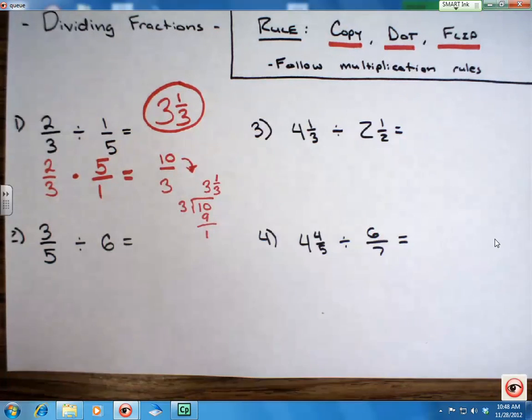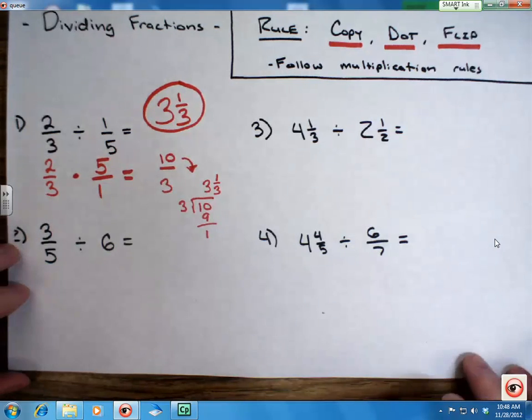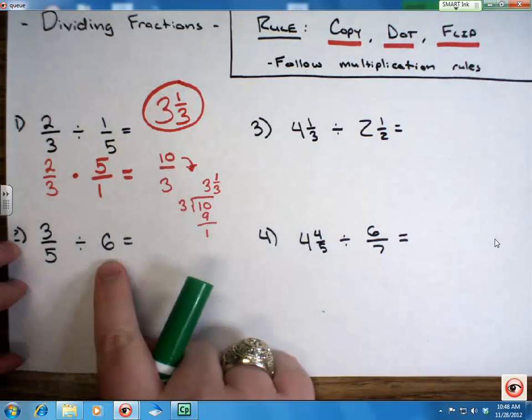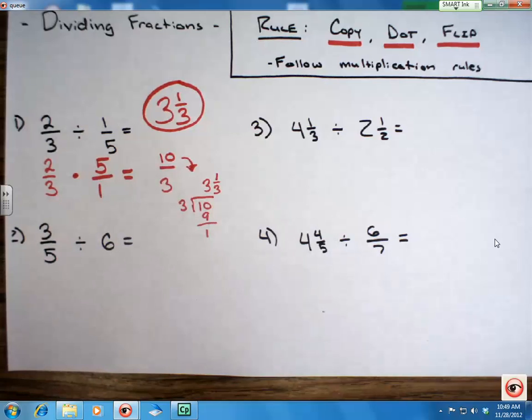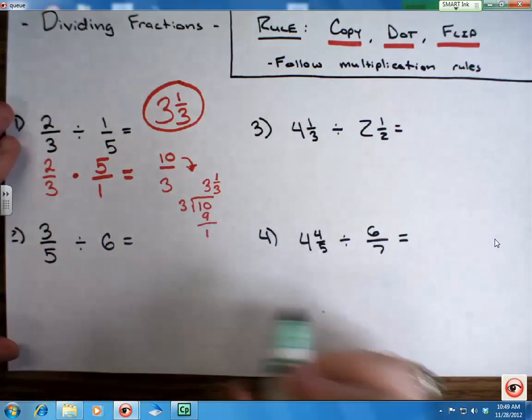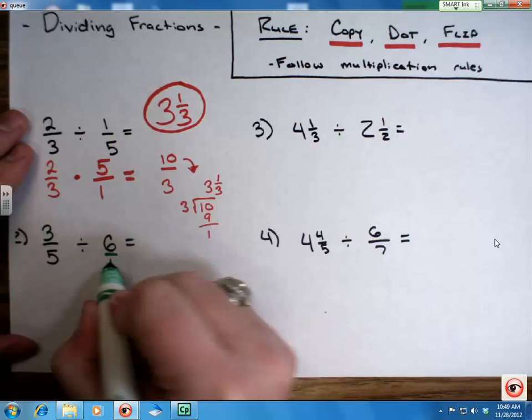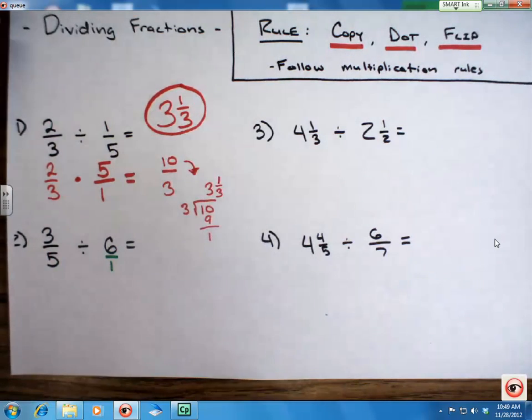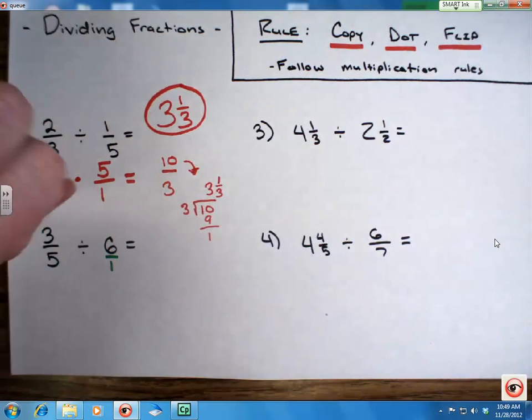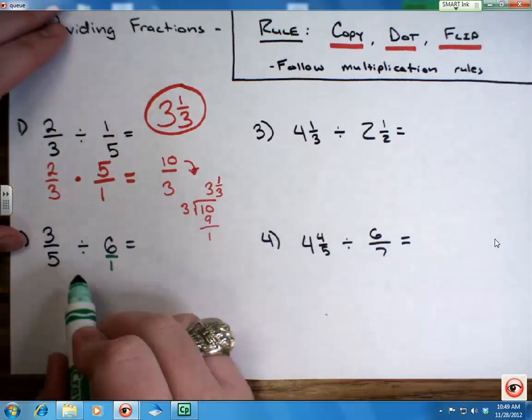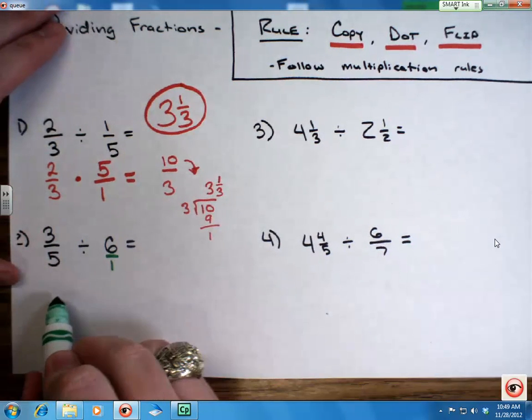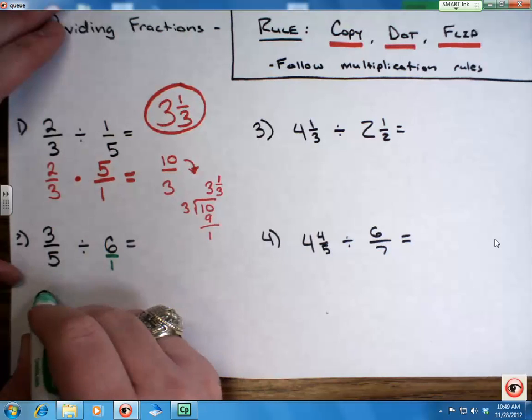Now, if we look at number 2 right here, the first thing we need to do is convert my 6 into an improper fraction, 6 over 1. After I have converted all of my fractions to improper fractions, then I can do my copy, flip. So on number 2, I'm going to have 3/5.